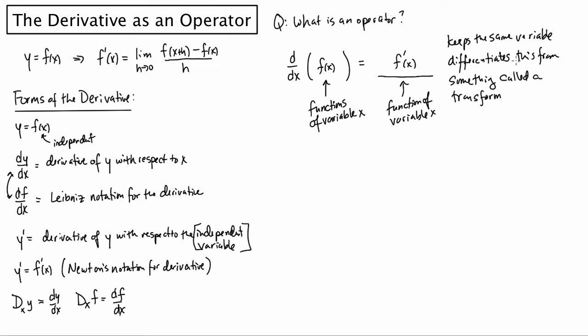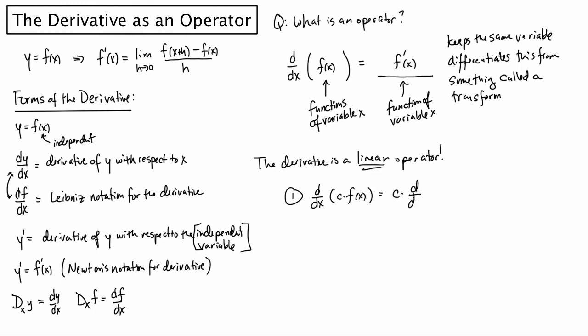Now, the derivative is actually a linear operator. And the question is, what does that mean? So the derivative is a linear operator. First thing that means is it has the following property. The derivative with respect to x of a constant times a function is the constant times the derivative of the function.